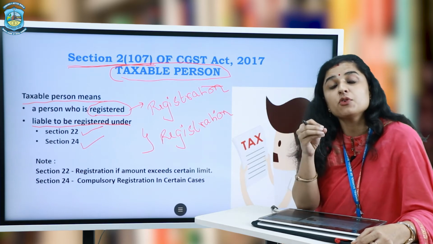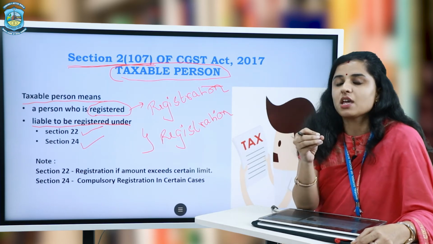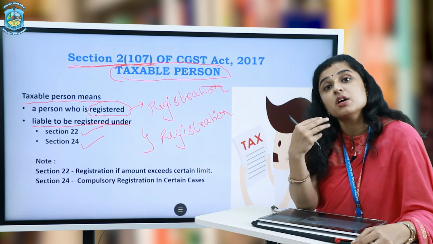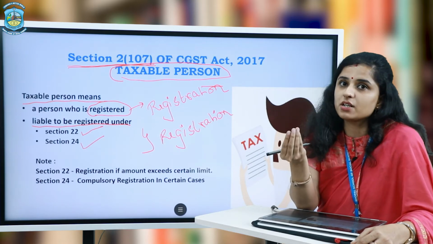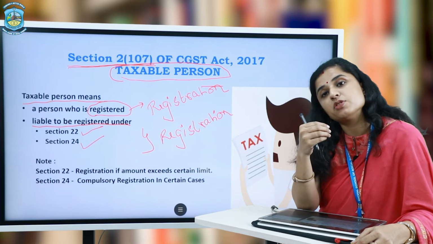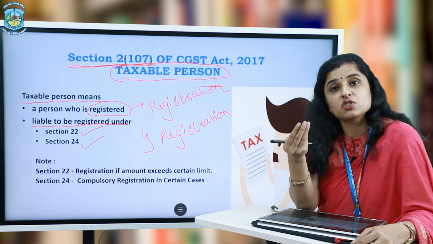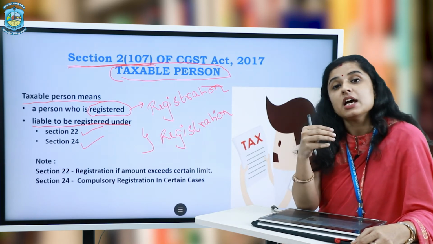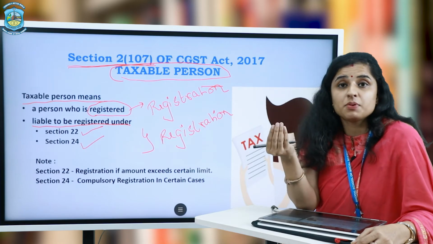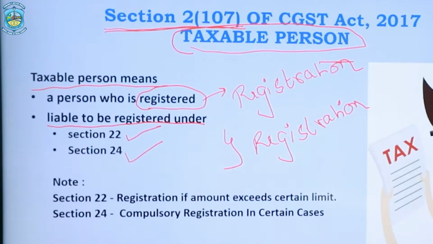And section 24 gives us the specific transactions. Like it says that if you are an input service distributor, you need to have a registration. If you are a person who is liable to pay tax under reverse charge, you need to have the registration. If you are a casual taxable person, you need to have the registration. So such instances are given under section 24.